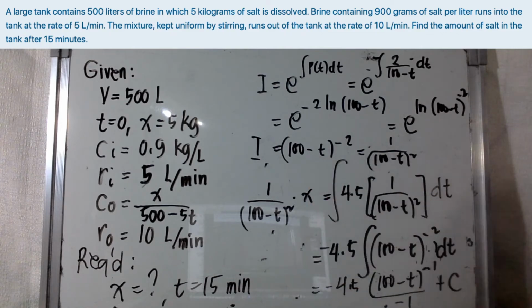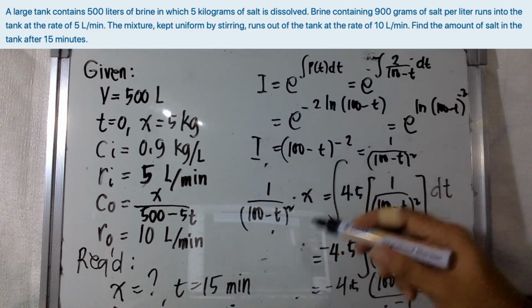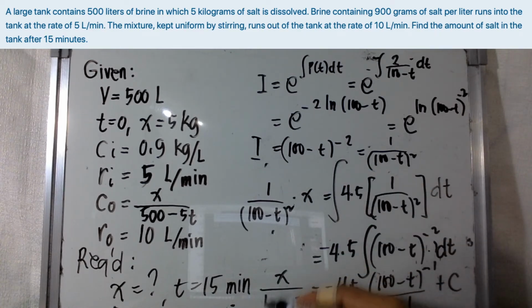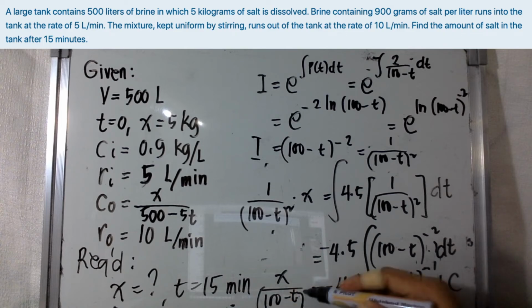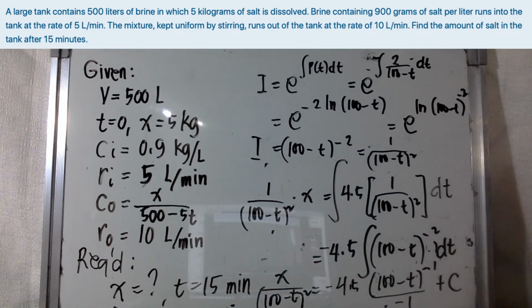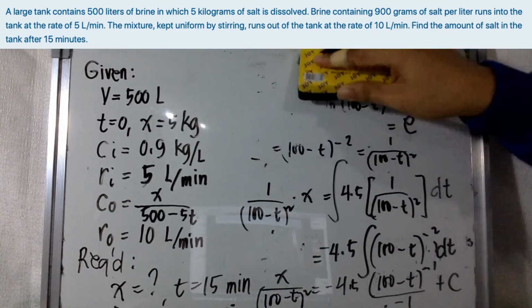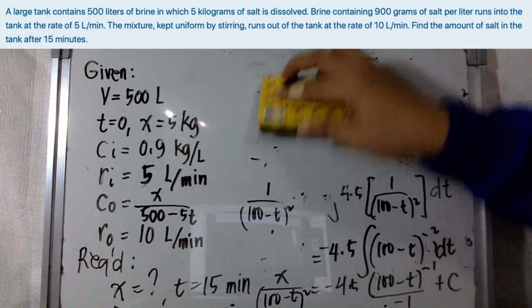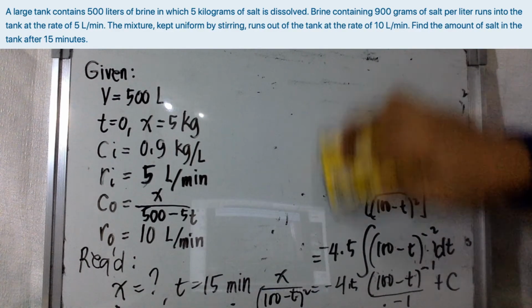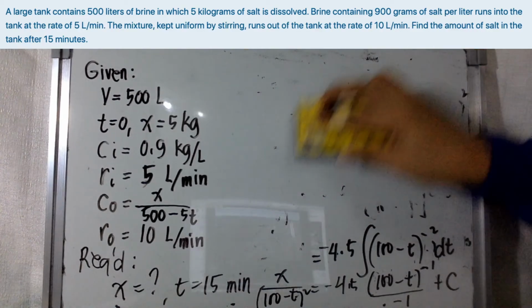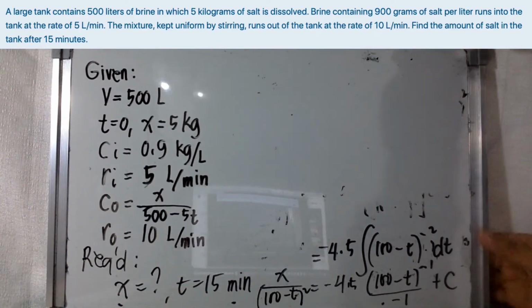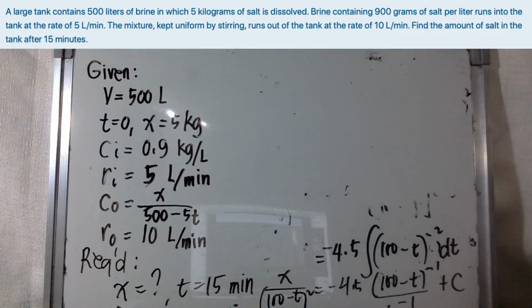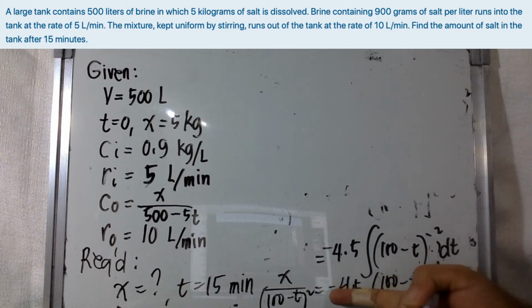Then you copy the left-hand side, which is x over 100 minus t squared. Okay, we should arrange this one. What's next? We simplify, or we remove the negative. Negative over negative is positive.